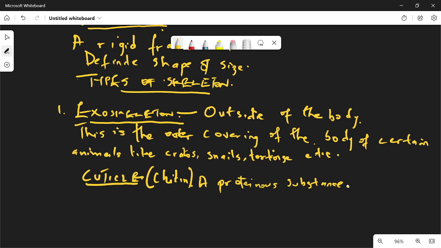The corticals are in layers. The one on the outermost part is shed off, then the one underlying it becomes the new one on the outside. So it is going to have a larger size than the one that was shed off, and gradually the organism gets to increase in size.